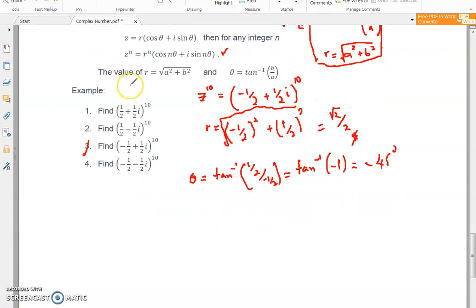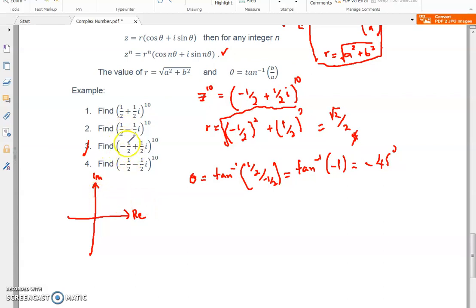You can verify this by using your calculator. It's supposed to be negative 45 degrees. But here we cannot just take the value of theta as it is, because we need to verify our answer with the drawing. So let us find the Argand diagram of negative 1 over 2 plus 1 over 2 i. Here is your imaginary axis, and this axis represents the real part.